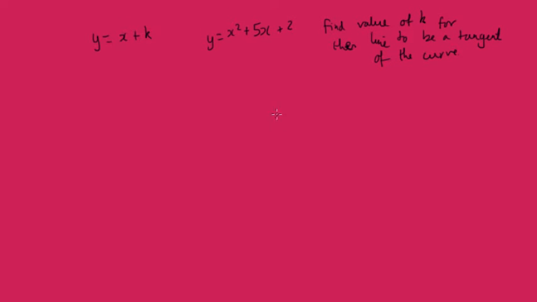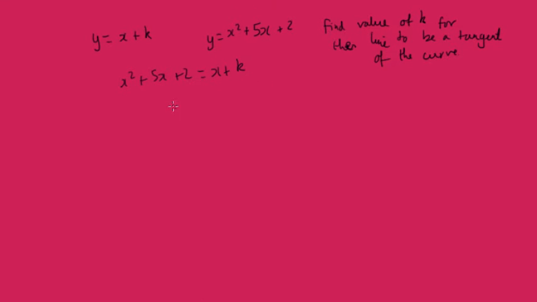So that would be 1 point of intersection. So let's say y equals this and y equals this. So we're going to put these as equal. So x squared plus 5x plus 2 equals x plus k.